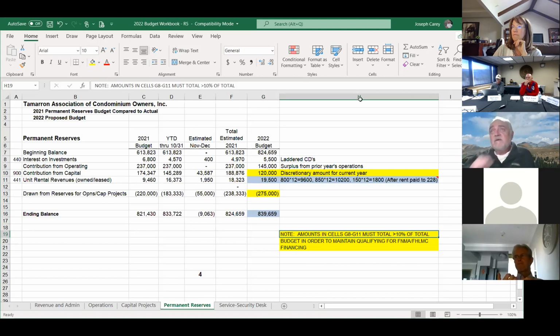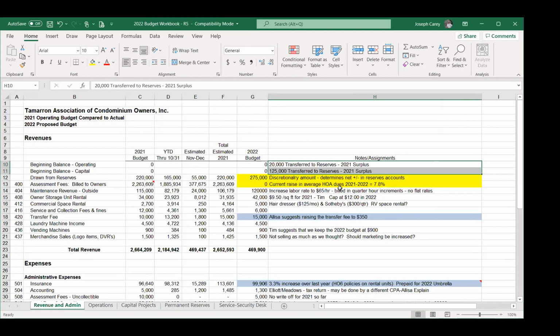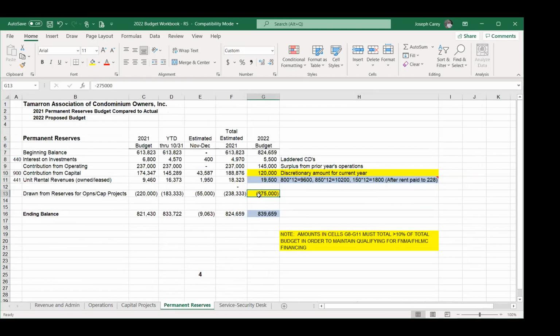Well, we have kind of done that by deducting this 275 and putting it towards, it's actually right there. So we actually have done that. We've created a revenue stream, which is a deduction from reserves. Those two numbers match. Right, but Joe, it doesn't say where the 275,000 is going to be applied.